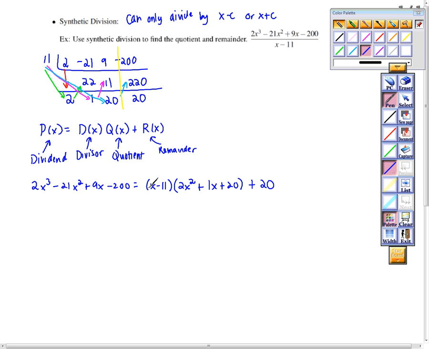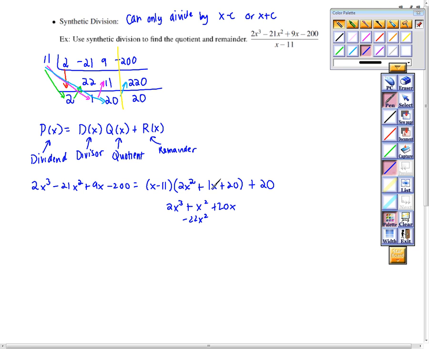Okay, and you take a second and you FOIL it back out and see if it's true. So this is x times 2x squared. That's 2x cubed, plus x times x is x squared, plus x times 20 is 20x. Then we do a negative 11 times all three pieces. Negative 11 times 2x squared is negative 22x squared.